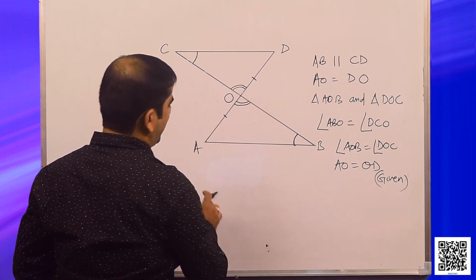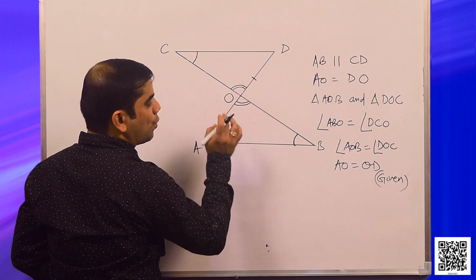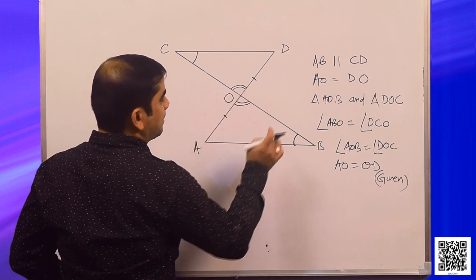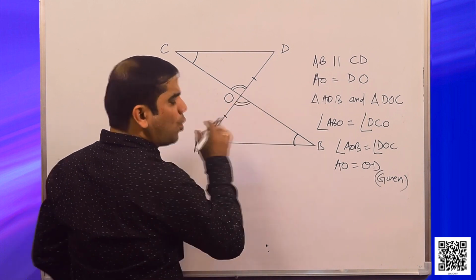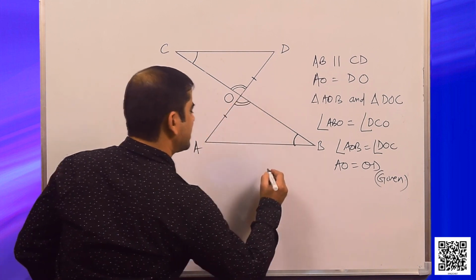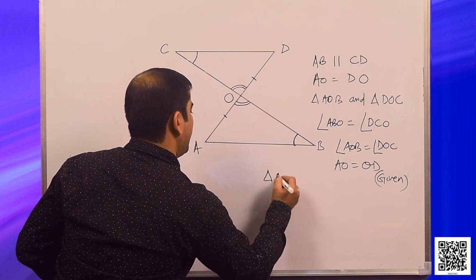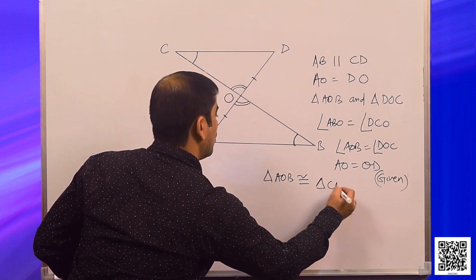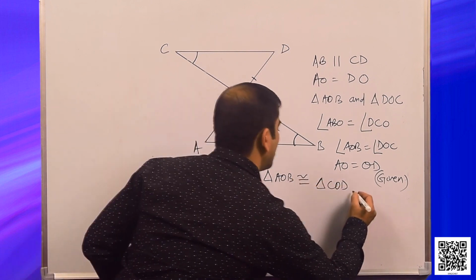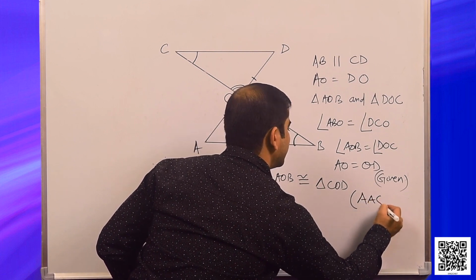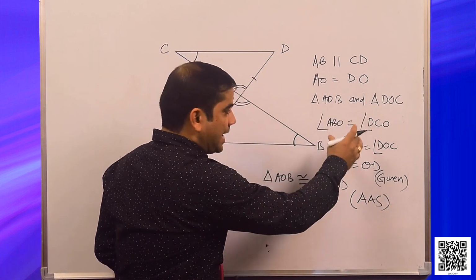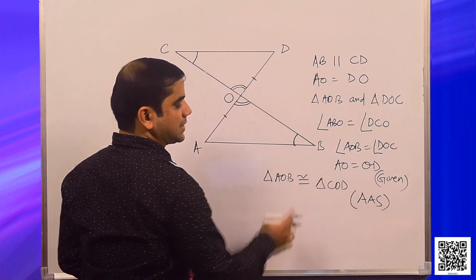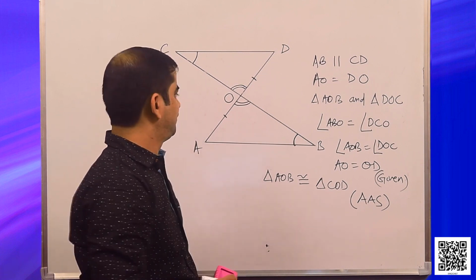In the same way, in triangle AOB, AO is a corresponding side to angles BOA and ABO. So, triangle AOB is congruent to triangle COD by which congruency? Angle, angle, side. Two angles and a pair of corresponding sides are equal, so these two triangles are congruent to each other.